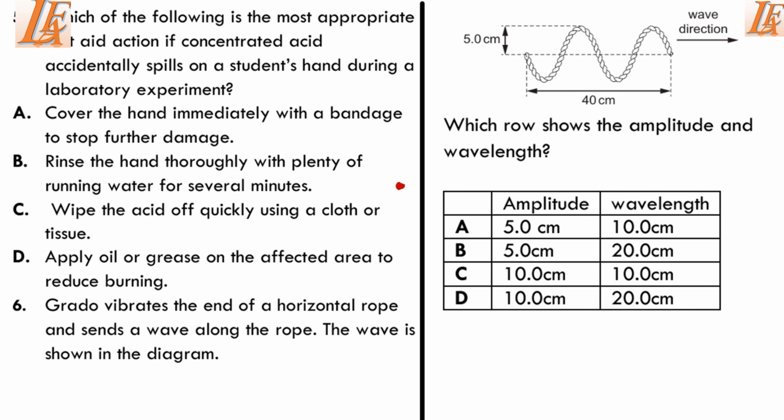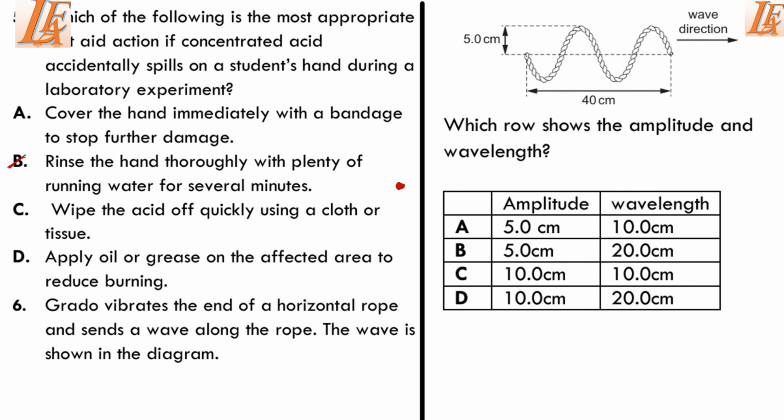C. Wipe the acid off quickly using a cloth or a tissue. And D. Apply oil or grease on the affected area to reduce burning. The correct answer in this case is B. That is, rinse the hand thoroughly with plenty of cold running water for several minutes. That is about 10 to 15 minutes.